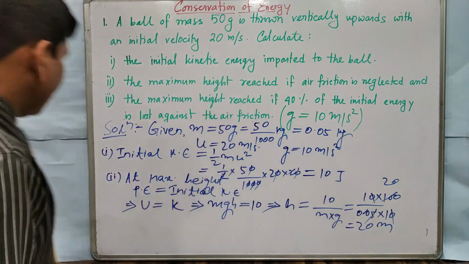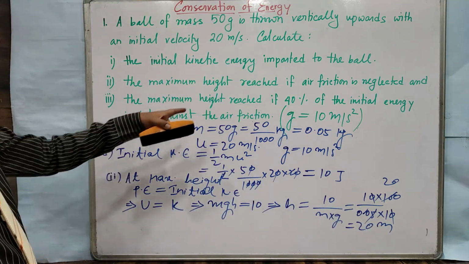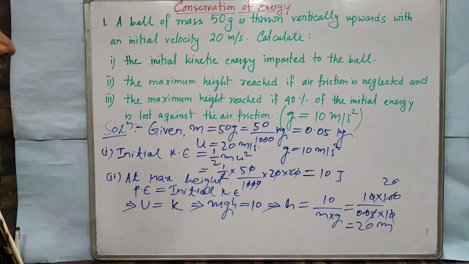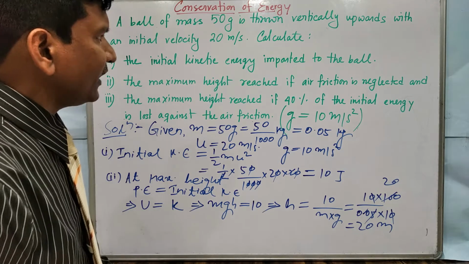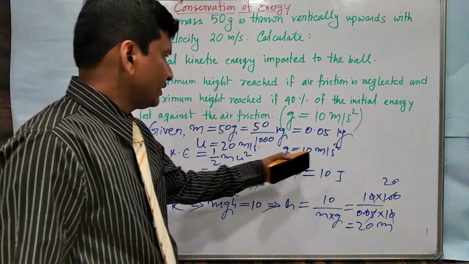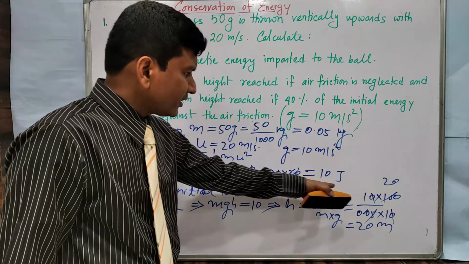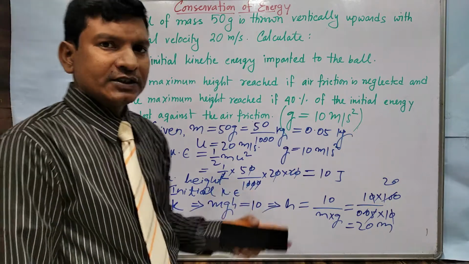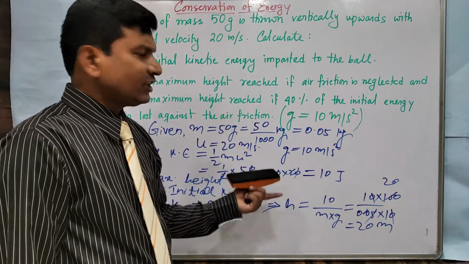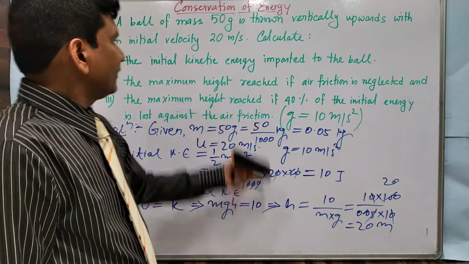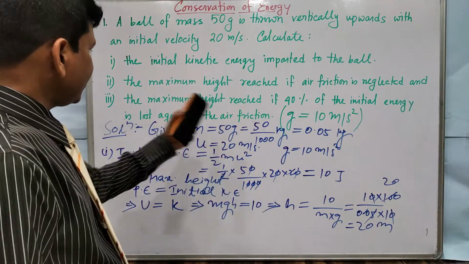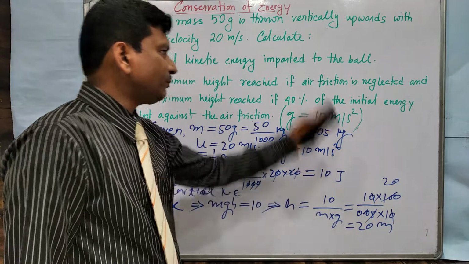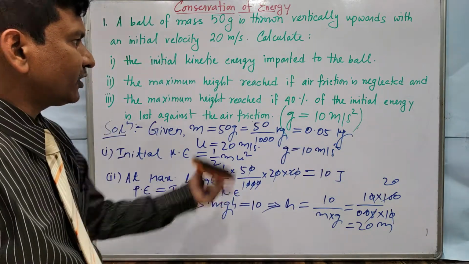Now number 3 question asks for the maximum height reached if 40% of the initial energy is lost against the air friction. How much initial energy did we get? That is 10 joule. If 40% of the energy is lost due to the friction of the air, then how much energy is there on the body? 60% obviously. That means at the highest point of reach, the potential energy is equal to 60% of the energy on the body, because 40% is lost.